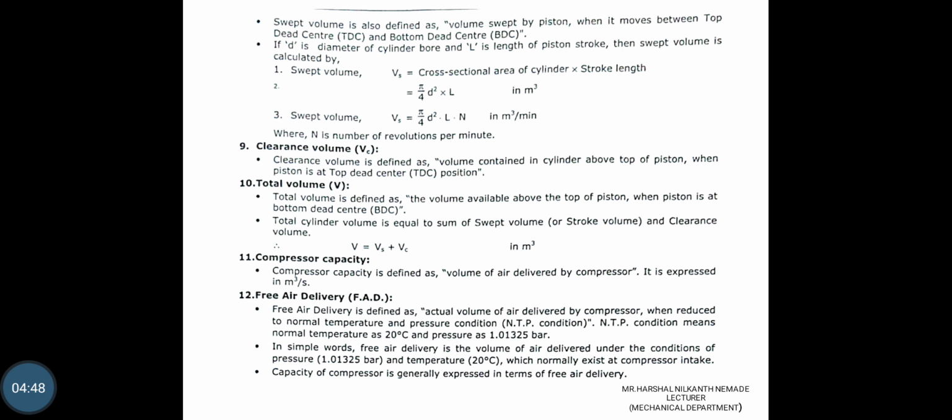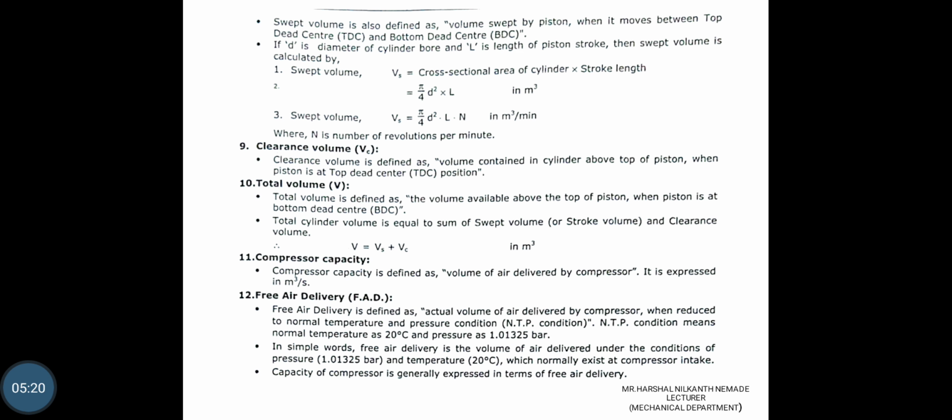If D is the diameter of the cylinder bore and L is the length of the piston stroke, then the swept volume Vs is equal to the cross sectional area of the cylinder multiplied by the stroke length, that is, pi by 4 D square multiplied by L in meter cube. Swept volume Vs is equal to pi by 4 D square multiplied by L into N in meter cube per minute, where N is the number of revolutions per minute.